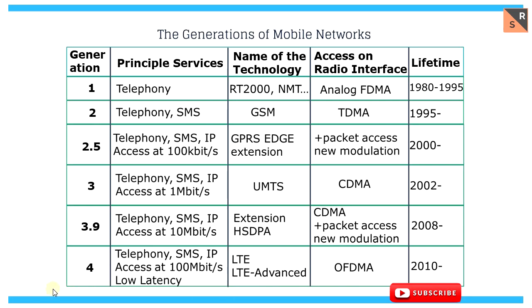Therefore, it's not useful to define services specific to a mobile network. What a 4G network provides is just the transmission of IP packets from a mobile terminal to a fixed or mobile server or the other way around. Therefore, the only service provided in 4G is high throughput IP access. It can go up to 100 megabits per second.